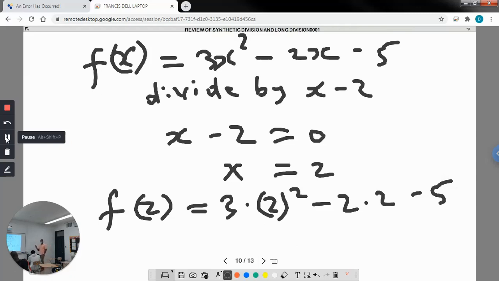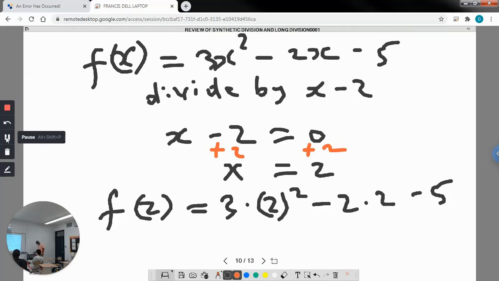You notice what we've done? First of all, we equated x minus 2 to 0, then we solved that equation and got x equals 2. That is simply done because we add 2 here and add 2 here. That's how that comes up. 2 minus 2 equals 0, so you're left with only x, and 0 plus 2 equals 2.